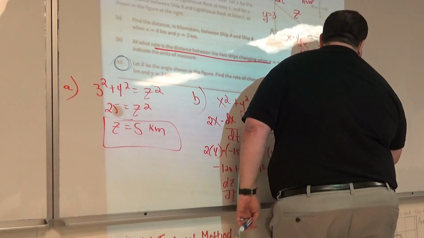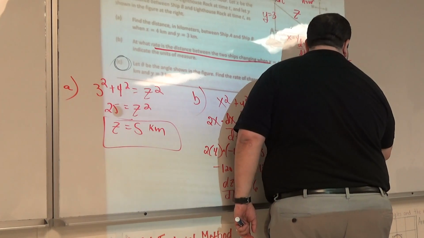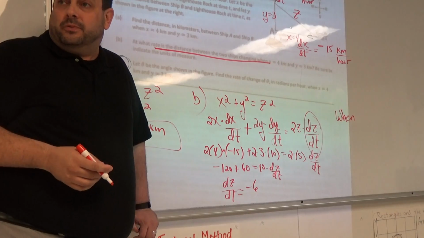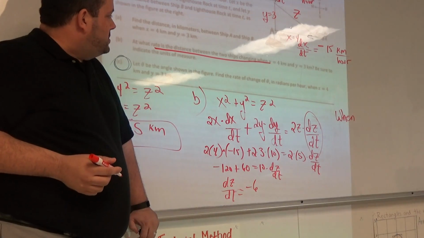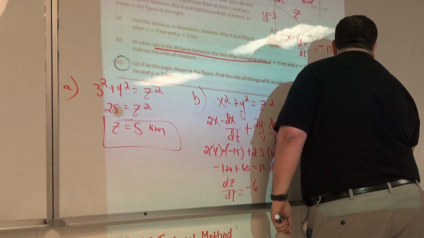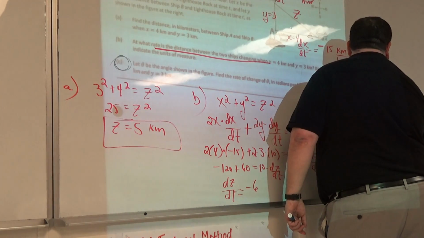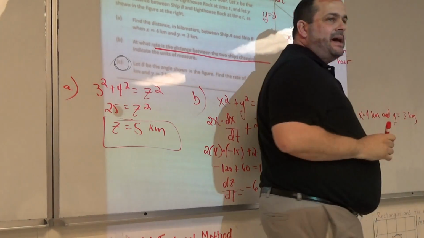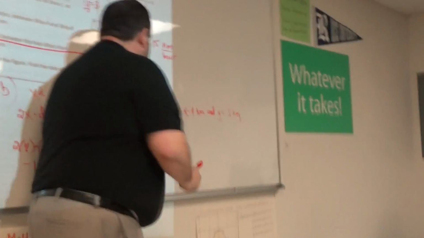Now your write-up has to look something like this. When is this true? What's happening? What moment in time is this true? Adriana, when's this true? When x is equal to 4 and y is equal to 3. When x equals 4 kilometers and y equals 3 kilometers. Great, we've established when it's true. What's happening?